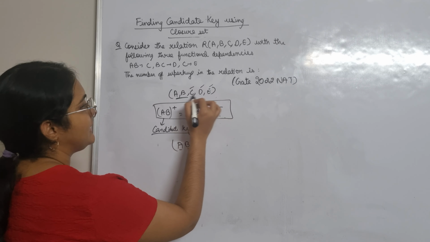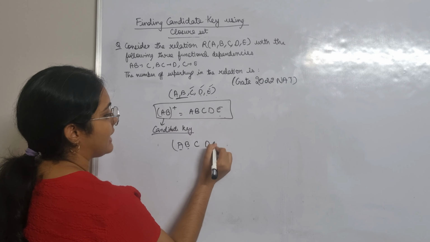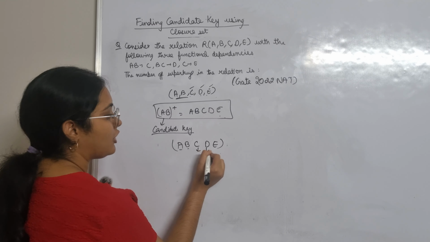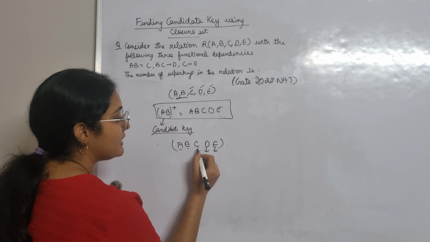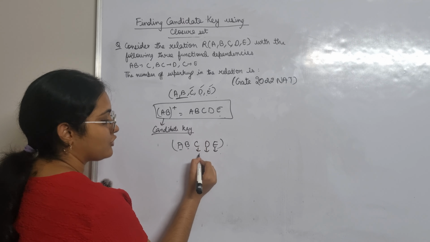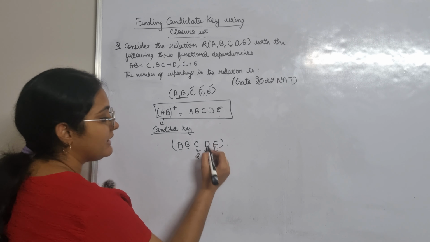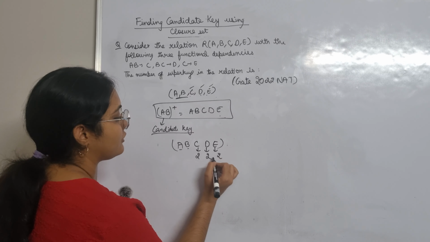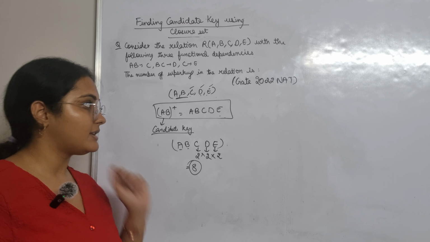Apart from that, C, D, E, we have 3 other attributes. Now these can be present or not present. For C we have 2 choices, present or not present. For D we have 2 choices. For E we have 2 choices. How much is it? 8. So 8 is the number of super keys that we have for this relational schema.